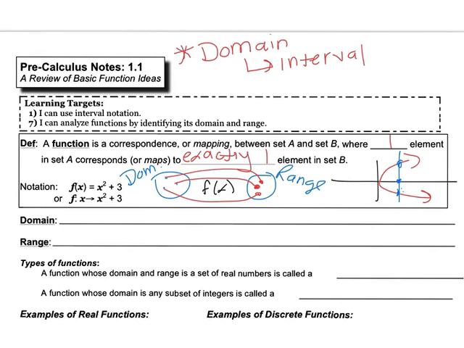So like I already mentioned, the domain of a function is our input values. Typically we use x's for that, and this is the independent variable. X's in the domain are independent of the range. Then we have the range, which would be the output values.